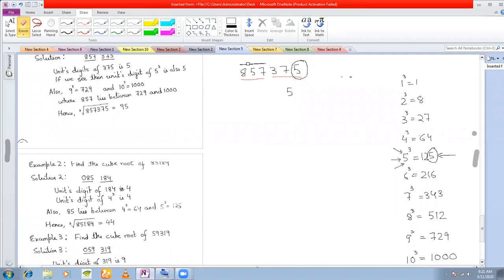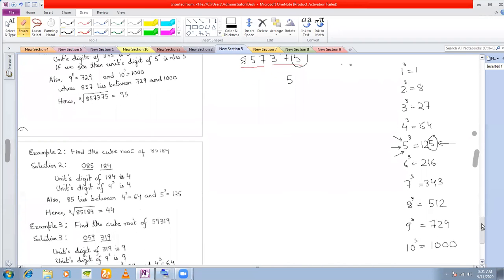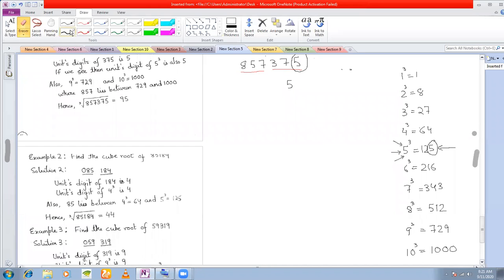In this group, you see 857 lies between which two perfect cubes? It does not lie between 1 and 8. It does not lie here. 857 does not lie between these two cube numbers either.